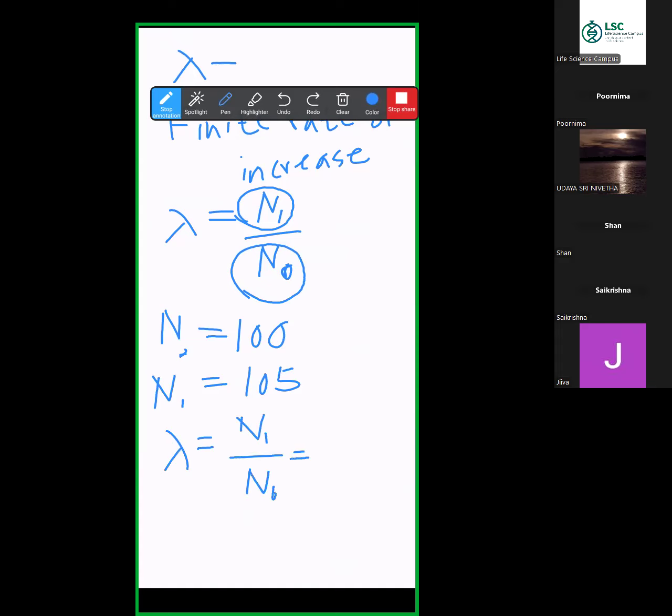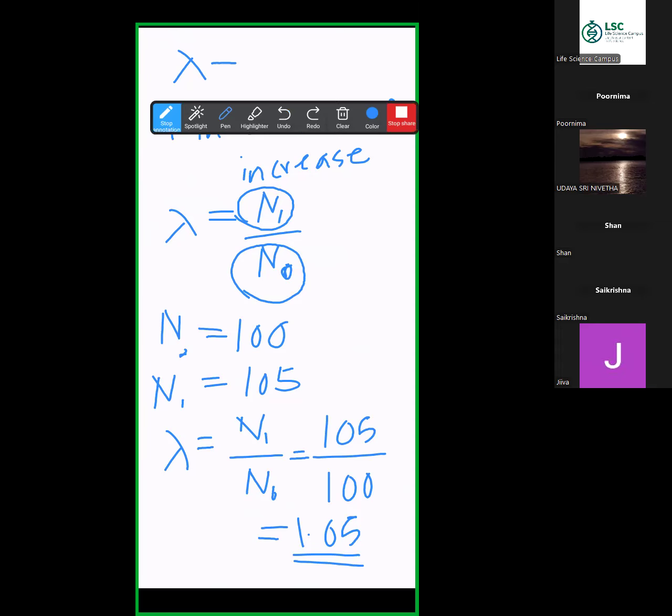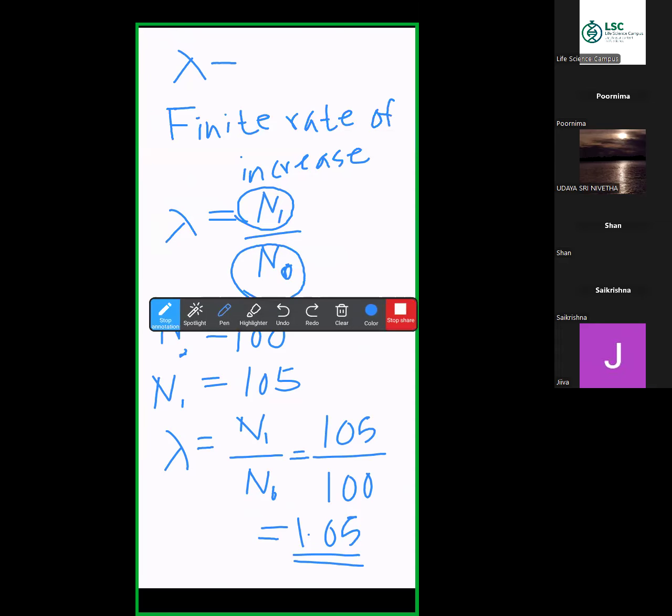Here N1 is 105 and N0 is 100, so we will get 1.05. Is it clear? Finite rate of increase.